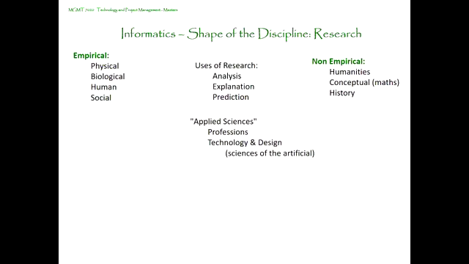So the applied sciences, things like the professions, they use the work of scientists, they deploy that work. And so if you think about AusVIT, that little system that we were talking about last week, it sits in the applied sciences area because it uses research from these other areas and it deploys them in the field, so it applies them.